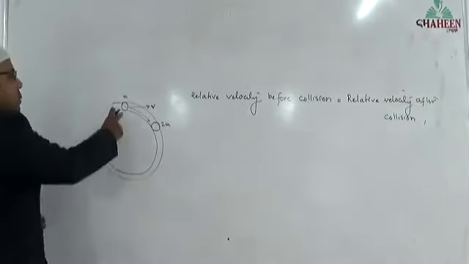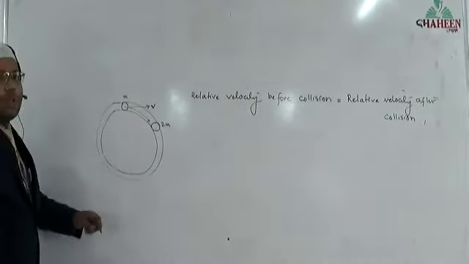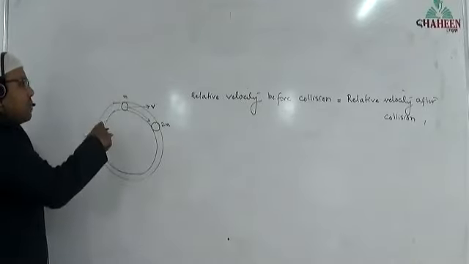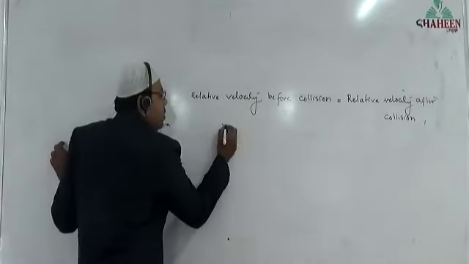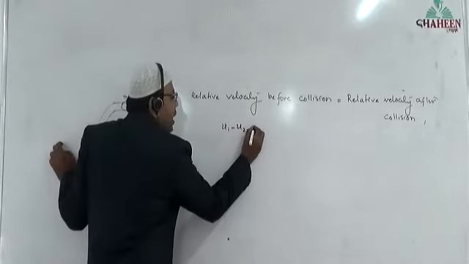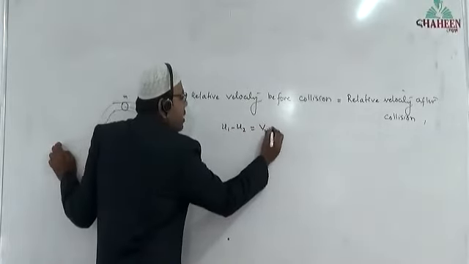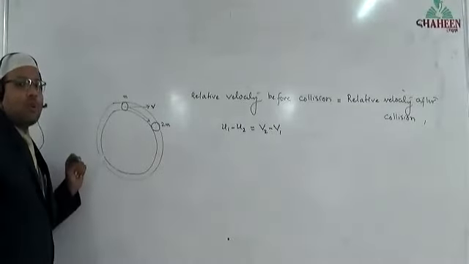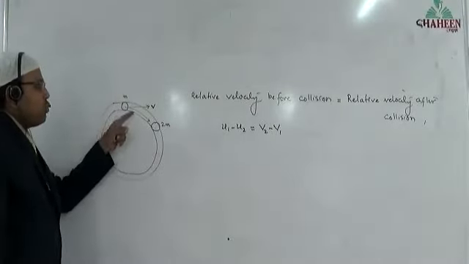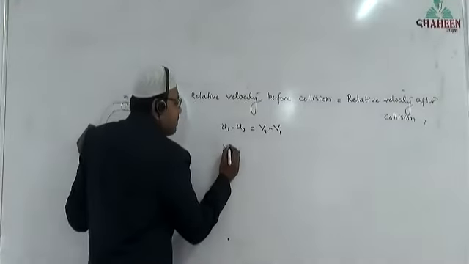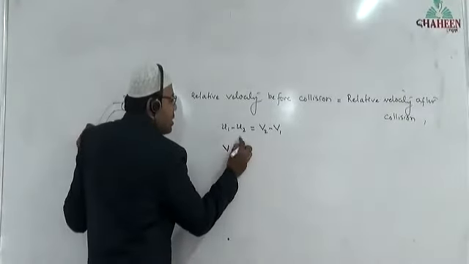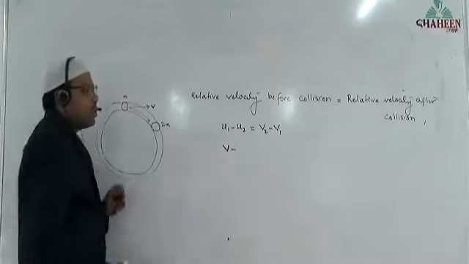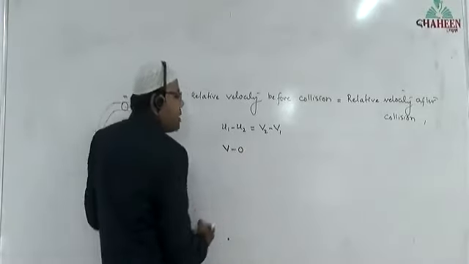Suppose I take before collision u1 minus u2, and after collision v2 minus v1. This step also we have done. So what is u1? u1 is v, minus u2. What is u2? u2 is 0 because the second body is at rest.